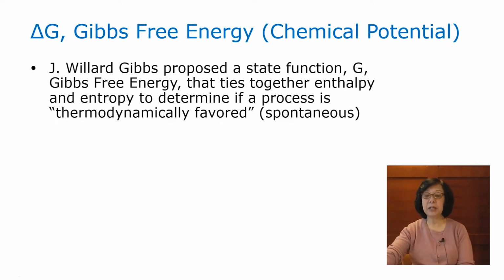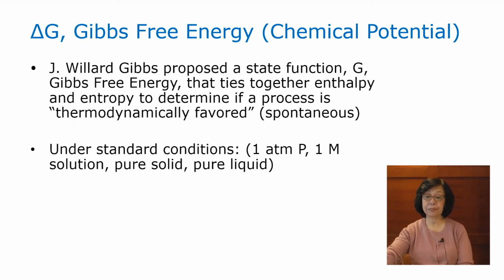Willard Gibbs proposed a state function called G, the Gibbs Free Energy, that ties together enthalpy and entropy to determine if a process is thermodynamically favorable or spontaneous.